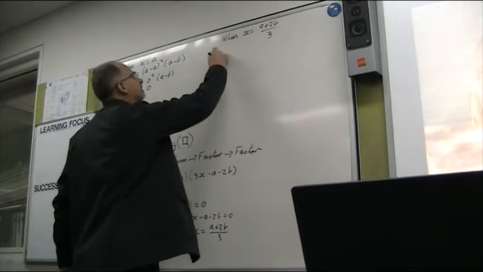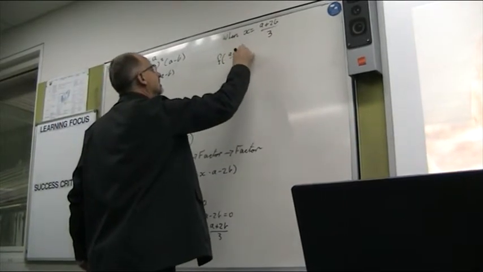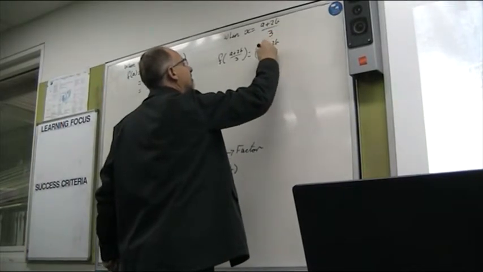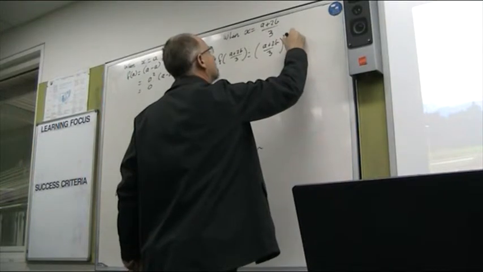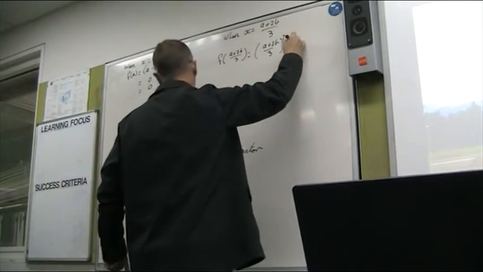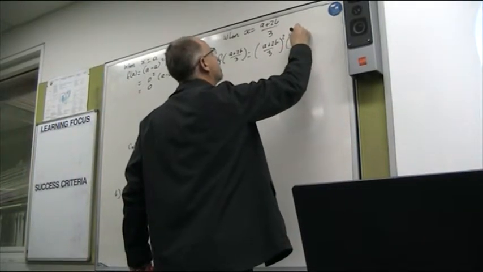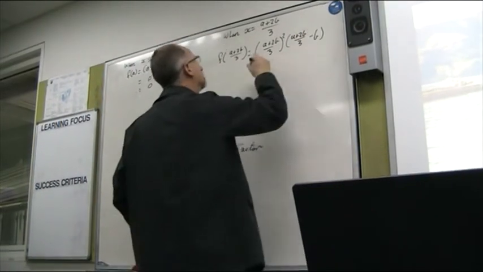Put that in. You get a plus 2b on 3 squared times a plus 2b on 3 minus b.